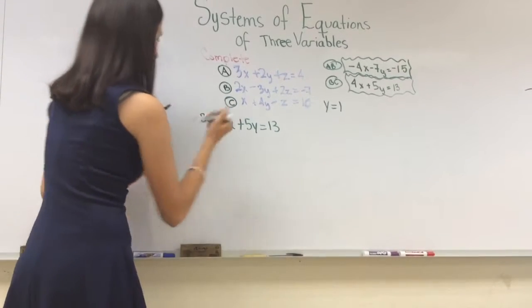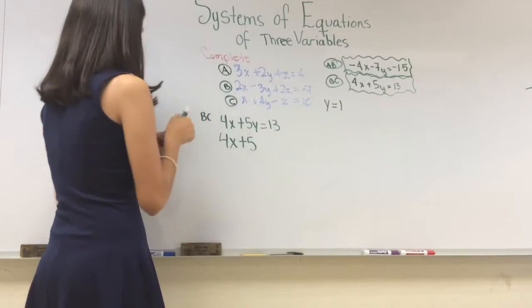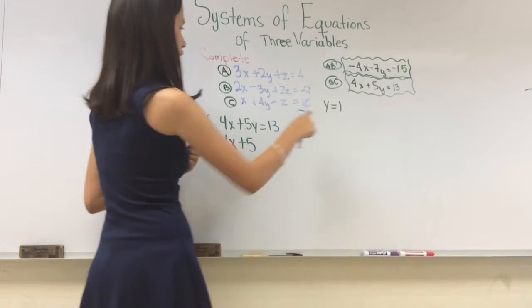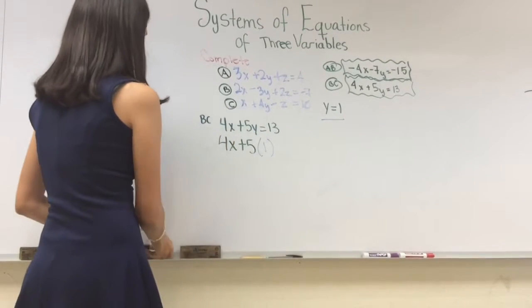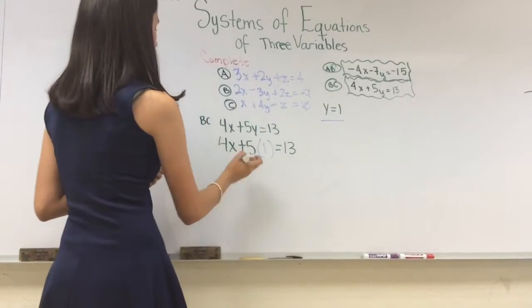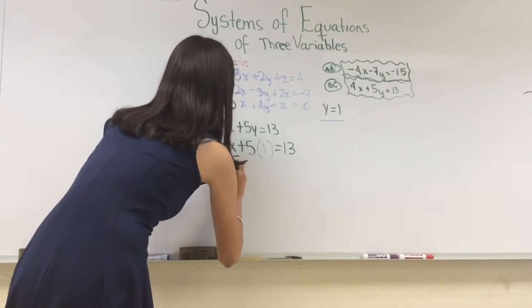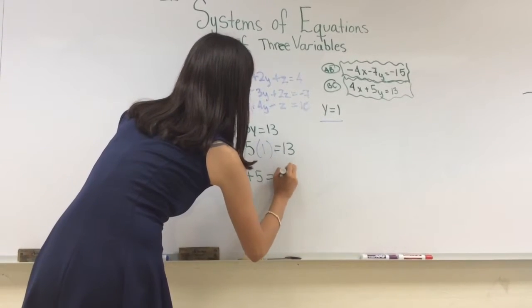That will be 4x plus 5, in here we're going to put our 1, equals 30, for us to take the value of x. So here it's going to be 4x plus 5 equals 30.